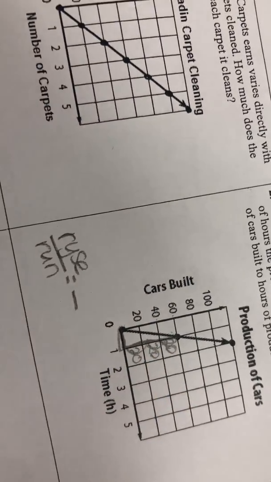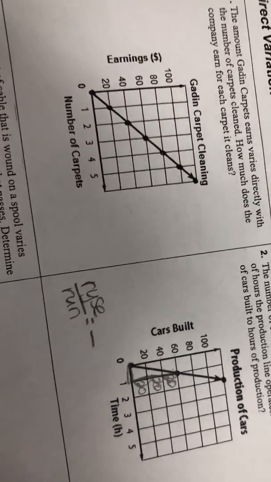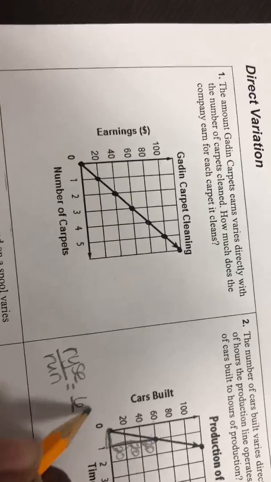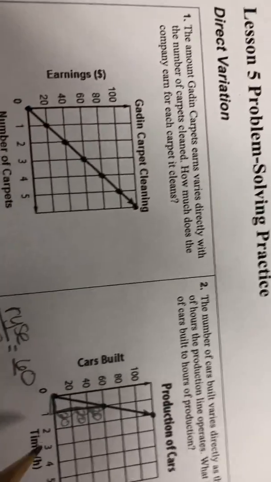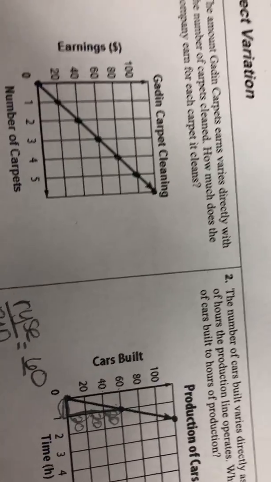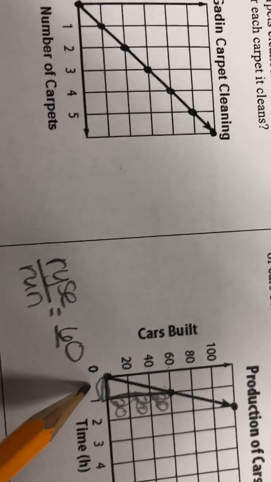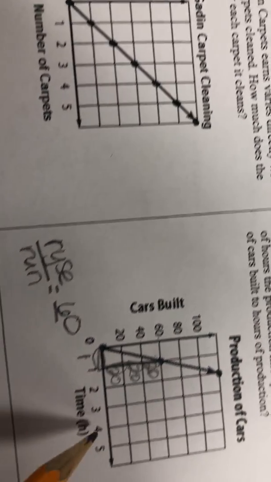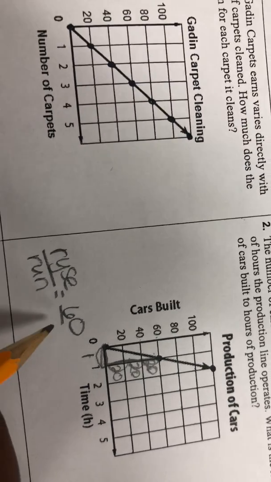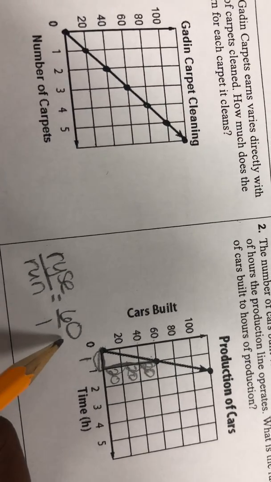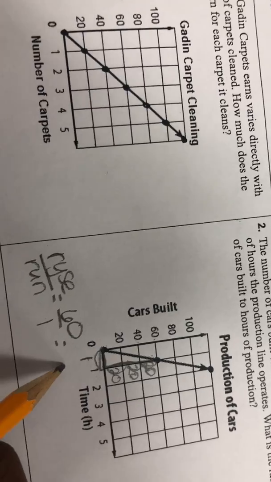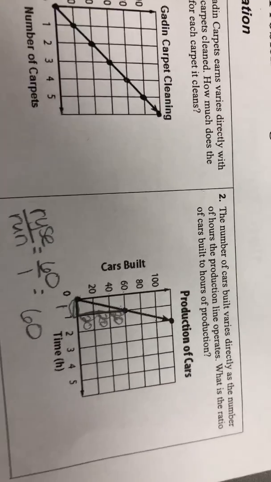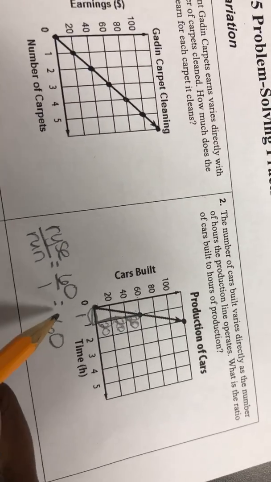So that means that's 3 sets of 20, correct? Which is just 60. And then after that, how many boxes did you have to run? Just 1. And each of those jumps on there was just worth 1. So 60 over 1, which can just simplify to 60. There's your answer.